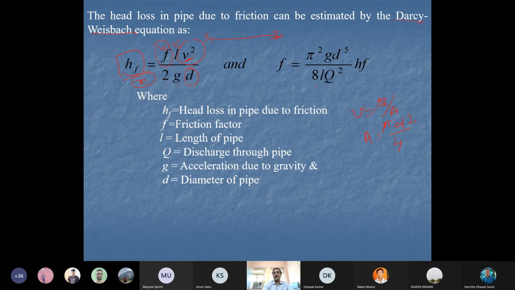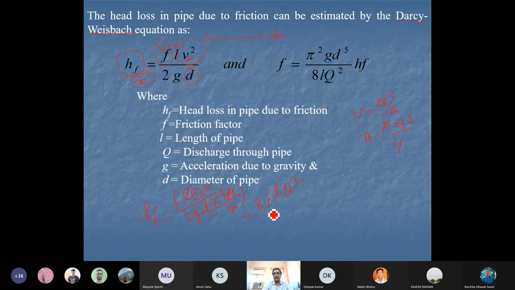Putting this in, head loss due to friction will be equal to F L V square, that is Q square by A square, divided by 2gd. A square means pi square d to the power 4 divided by 16. Balancing this, 16 goes up, 2 is here, so it will be 8.